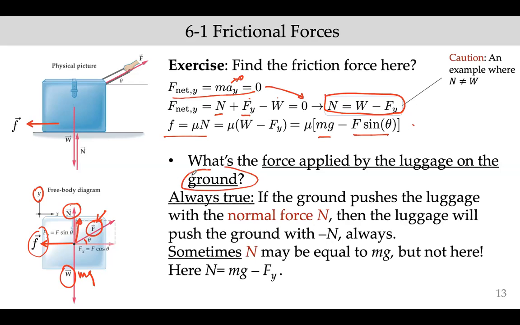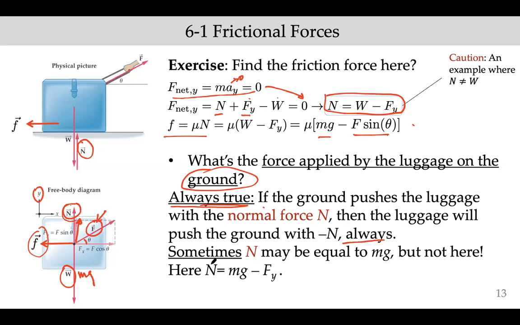We are done with the luggage, we move to the ground. The following statement is always true: if the ground pushes the luggage with the normal force N, remember, this normal force is the force on the luggage, then the luggage will push the ground with negative N. This is always true. And this is actually Newton's third law, action and reaction.